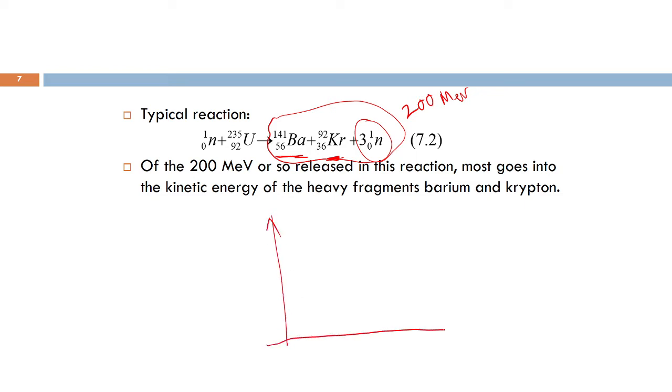For the emitted neutron, the y-axis is the percentage, and the x-axis is the neutron energy in MeV, for neutrons produced from this fission.